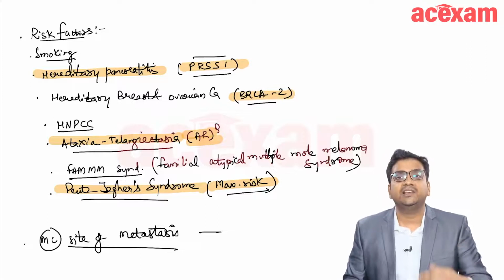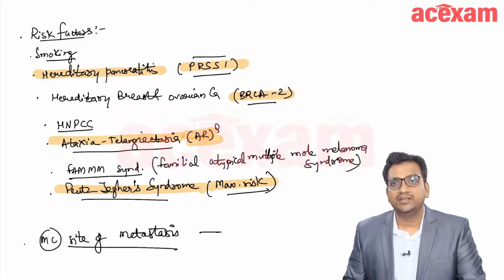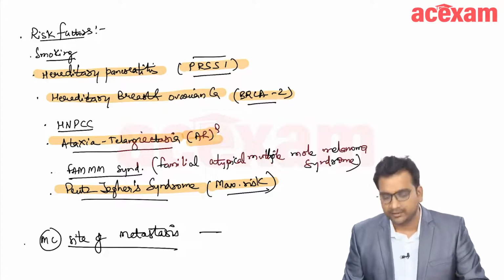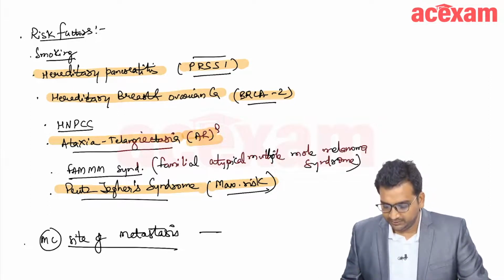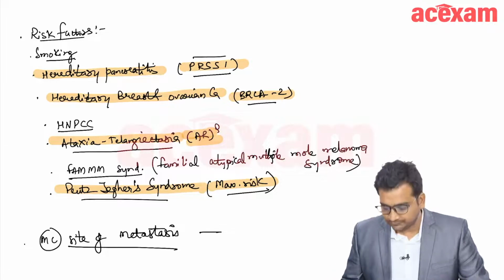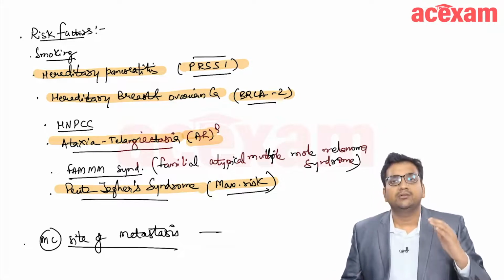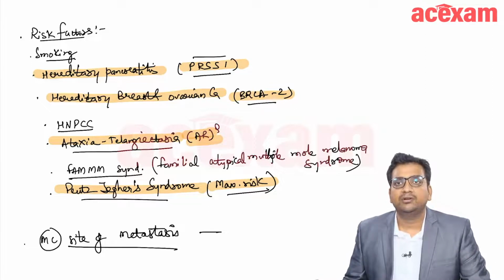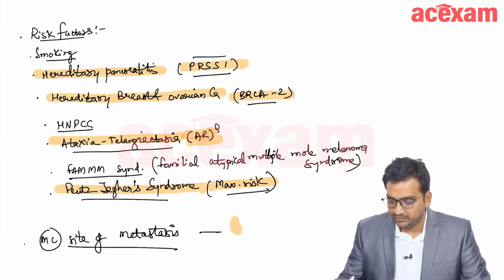BRCA2 gene mutation can lead to CA pancreas through hereditary breast and ovarian cancer disease. These are some questions, and HNPCC also leads to CA pancreas. Now, CA pancreas can metastasize to various organs. The most common organ it can metastasize to is the liver.